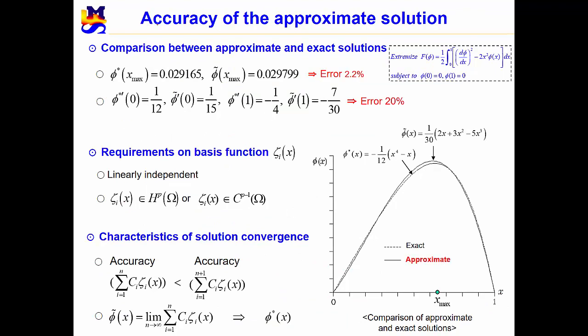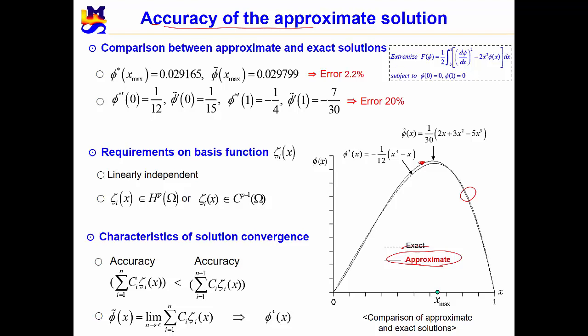Now, let's check the accuracy of the approximate solution. This figure compares the approximate solution with the exact solution. I used the solid line for approximate solution on purpose because it is much more important than the exact solution from now on.